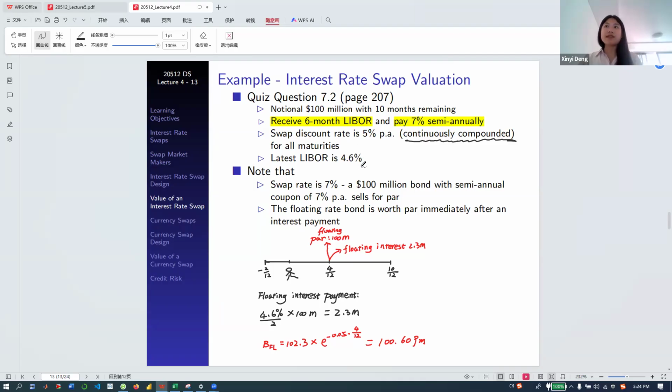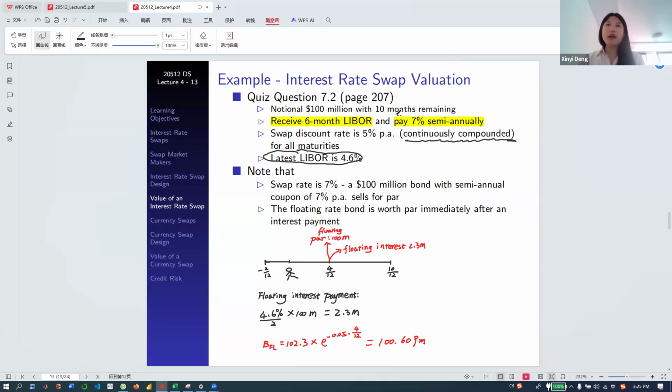So remember that the swap payments are made in arrears, meaning that you know the payment amount at the end of the last period, and you actually make those payments at the end of this current period. So this amount is going to determine our current payment. Then we also know that the swap rate is 7%.